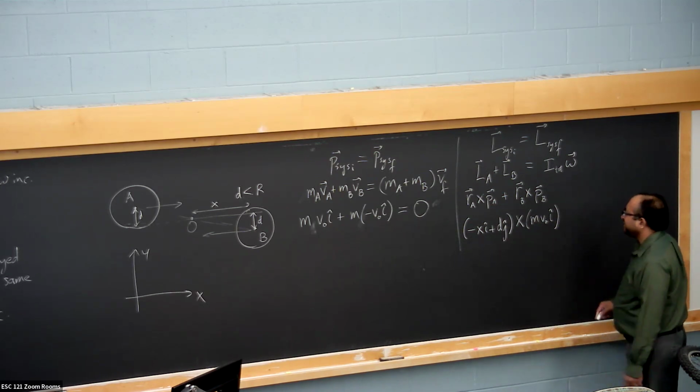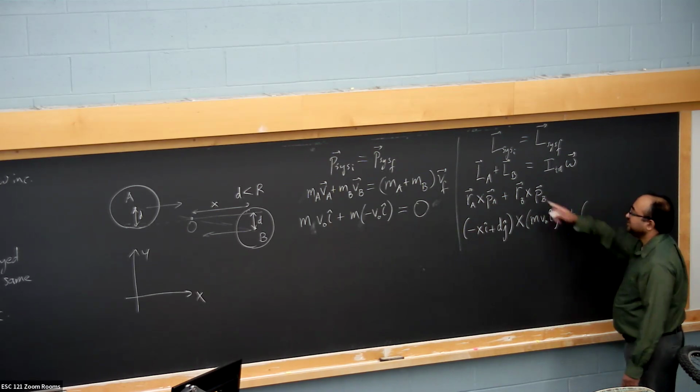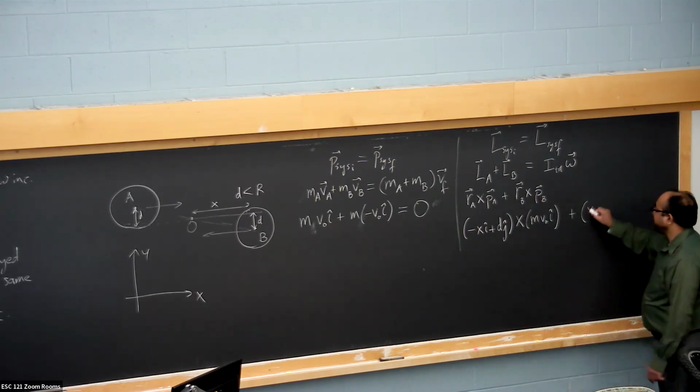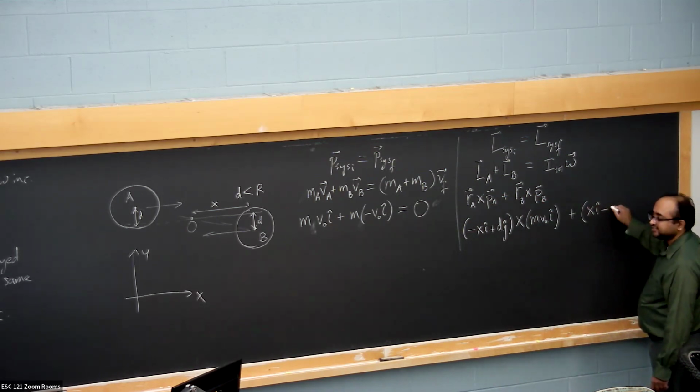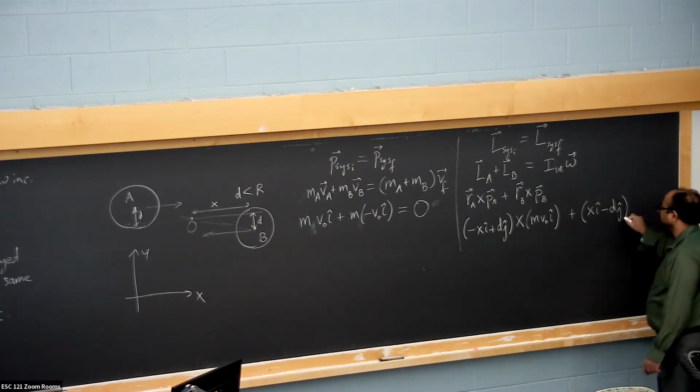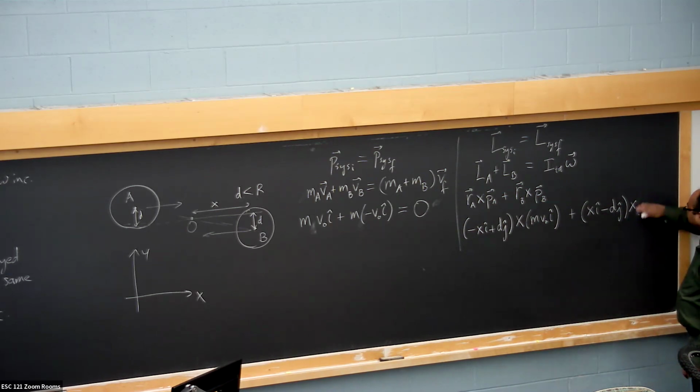Okay. And then R_B would be X i hat minus d j hat, and then crossed with the momentum of B, which is minus M V naught i hat.